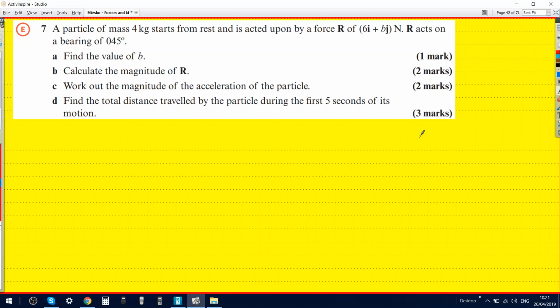I got 6. So how did you get that? Tan 45 equals b over 6. Yeah. And so then what does b? Move the 6. Yes, because tan 45 is 1, isn't it? Yes. Okay. And so, yeah, go on.